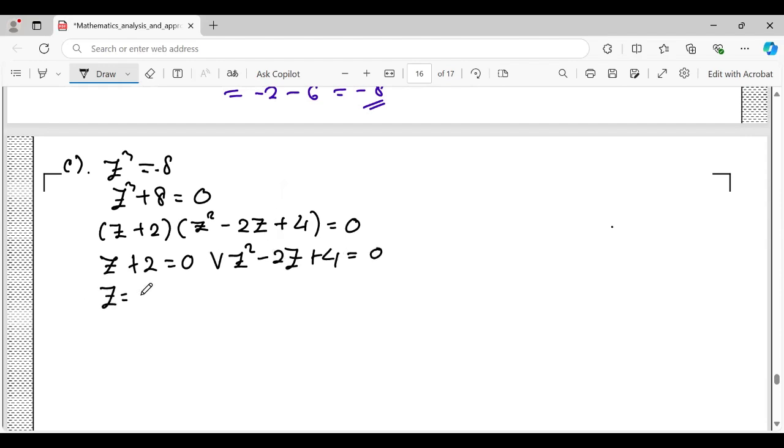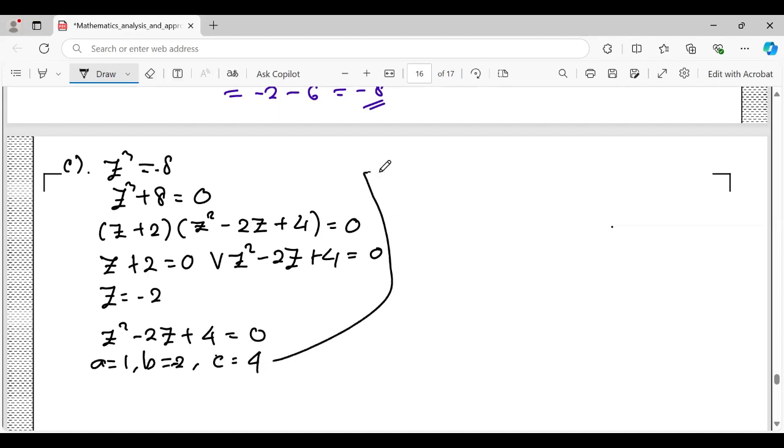That is z equals minus 2. And for this part, to find z, I'm going to use the ABC formula of the quadratic equation, where a equals 1, b equals minus 2, c equals 4. Okay, so I'm going to move here, z1 and z2.